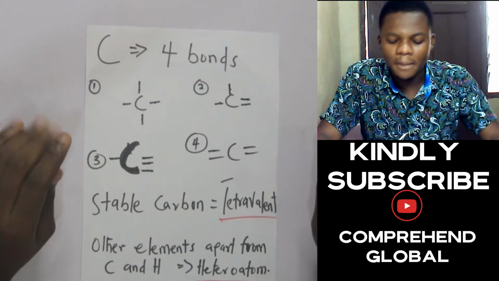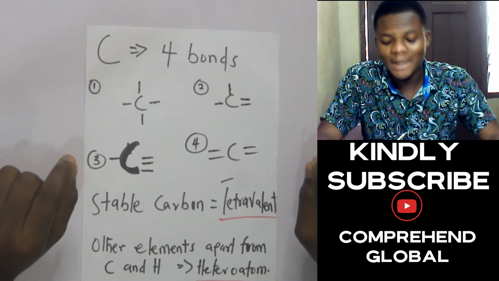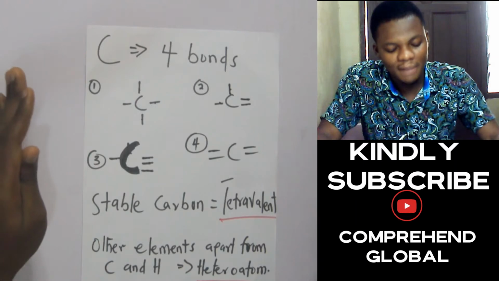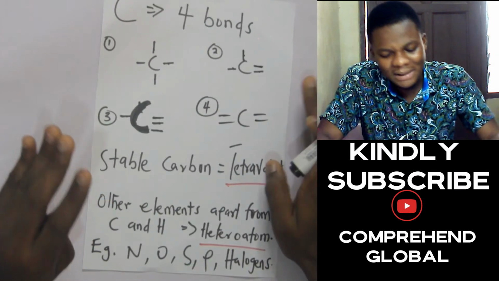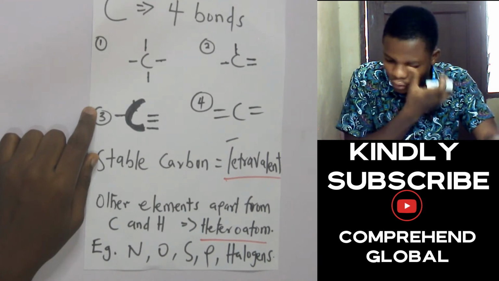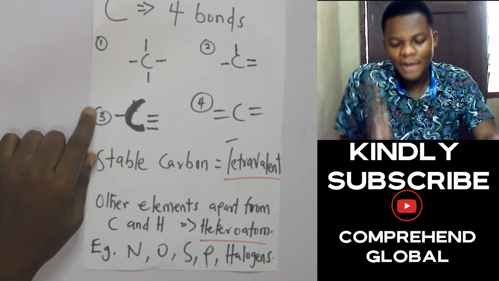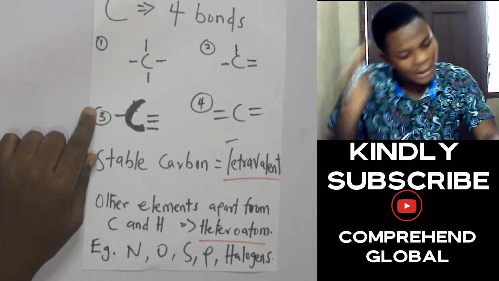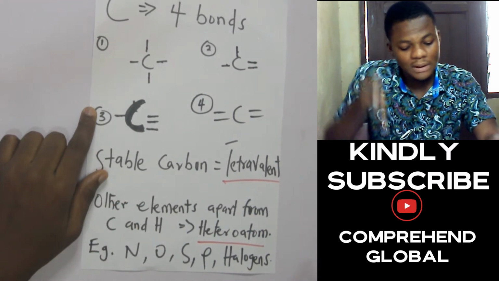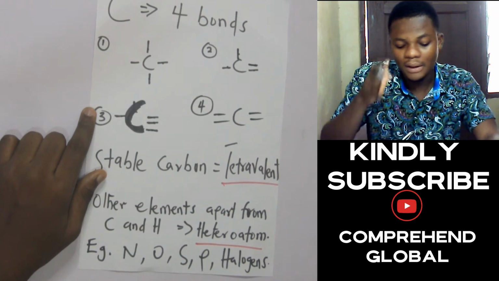Now we look at some terminologies. A stable carbon is known as a tetravalent carbon. There are other elements apart from carbon and hydrogen that can be bonded, and those elements are known as heteroatoms. Examples can be nitrogen, which can be bonded with carbon apart from hydrogen.